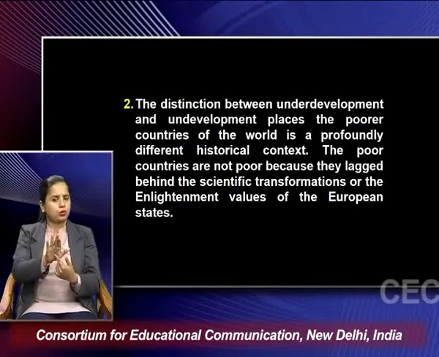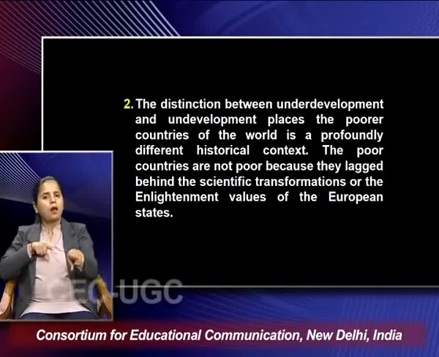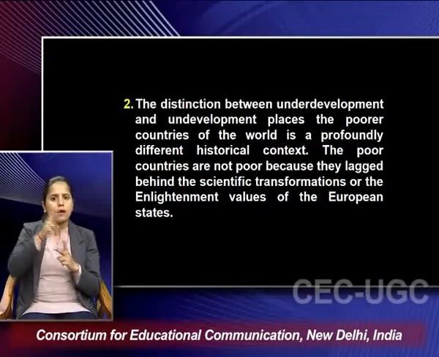The poor countries are not poor because they lag behind in the scientific transformation or the enlightened values of the European states. It means that when you historically analyze the conditions of undevelopment and underdevelopment in poorer countries, you will find that it is not because of their own faults as such.